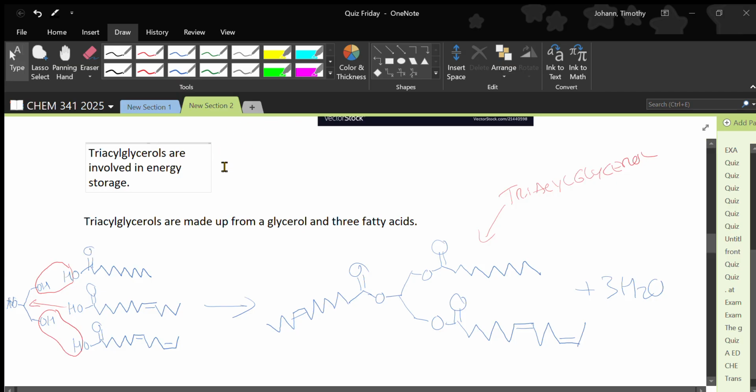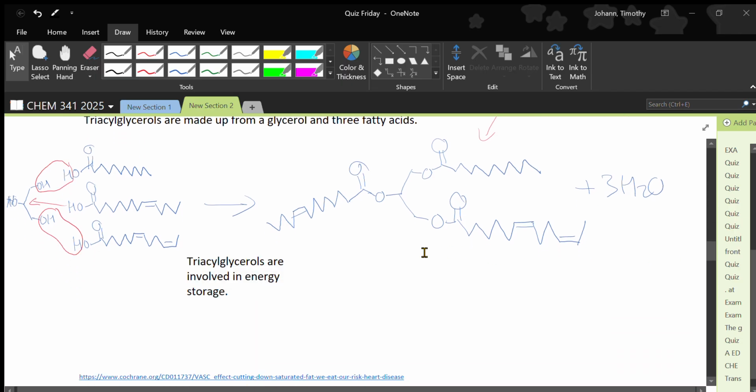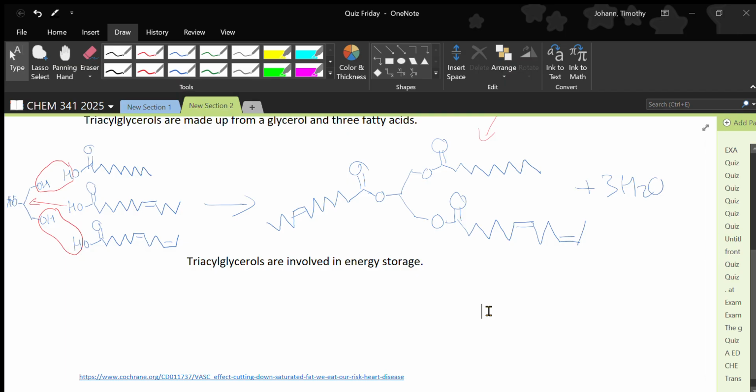In other words, these molecules are used to store energy. Your body has extra energy, and what it's going to do is store that energy as fat. So these are fats and oils. Your body's going to store your energy as fat because these are great energy-rich molecules.